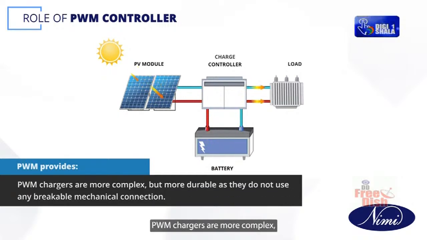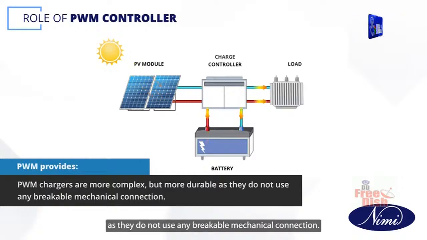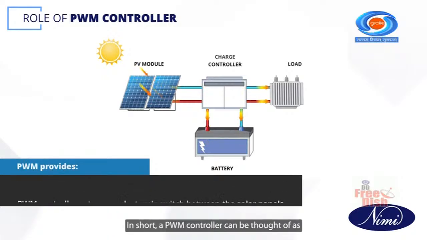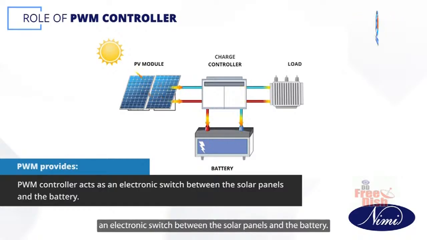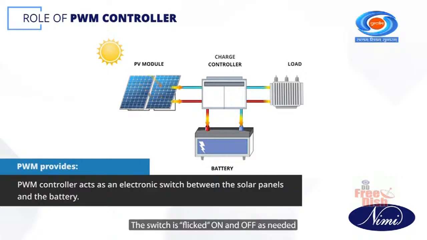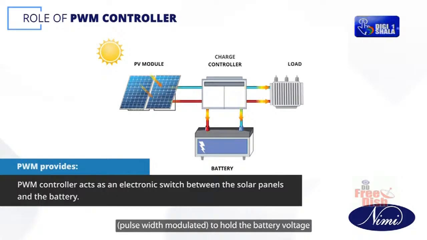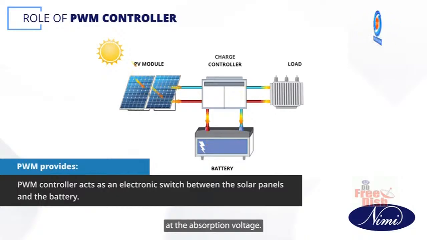PWM chargers are more complex, but they tend to be more durable as they do not use any breakable mechanical connection. In short, a PWM controller can be thought of as an electronic switch between the solar panels and the battery. The switch is flicked on and off as needed, pulse width modulated to hold the battery voltage at the absorption voltage.